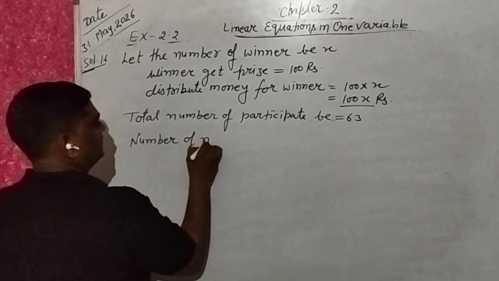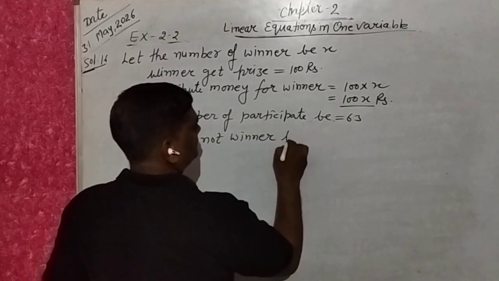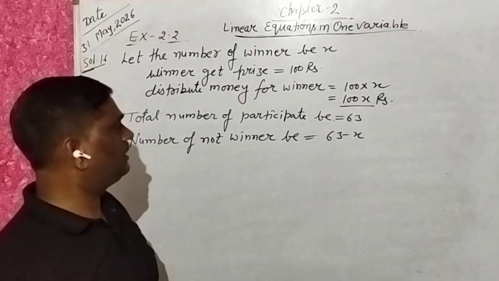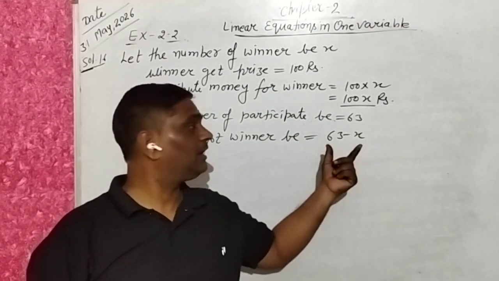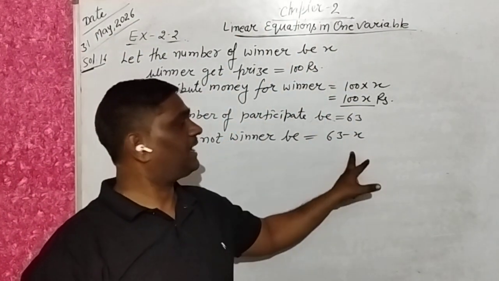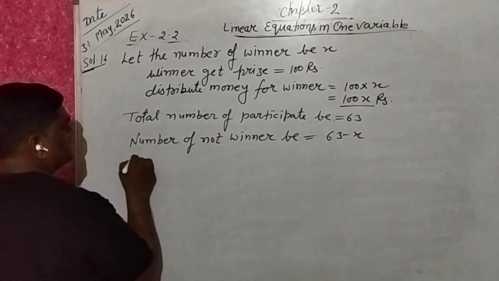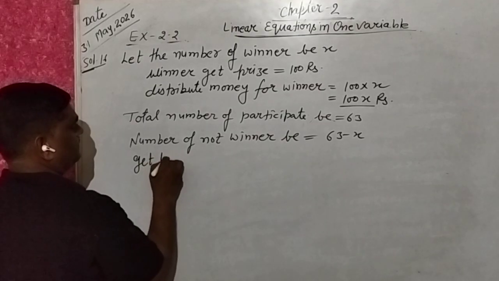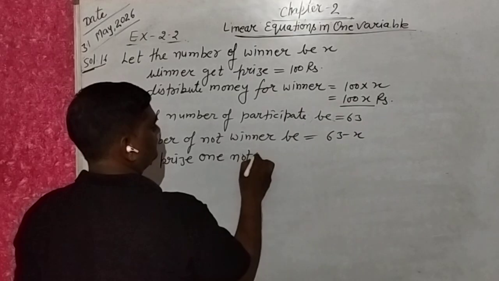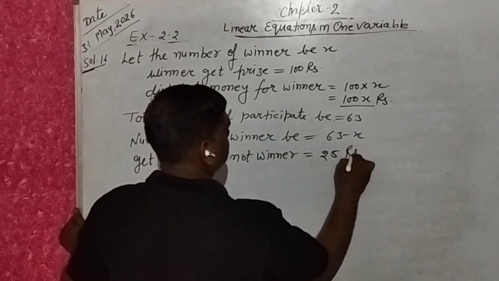Number of non-winners is 63 minus x, because x is the given number. We suppose x winners, so 63 minus x is the number of non-winners, and each non-winner gets a prize of 25 rupees.